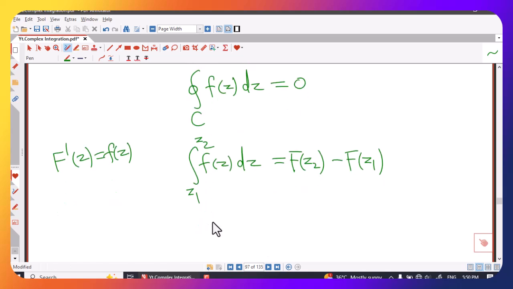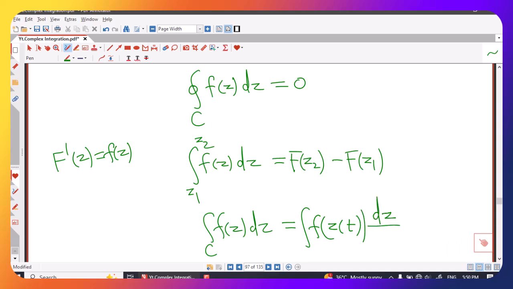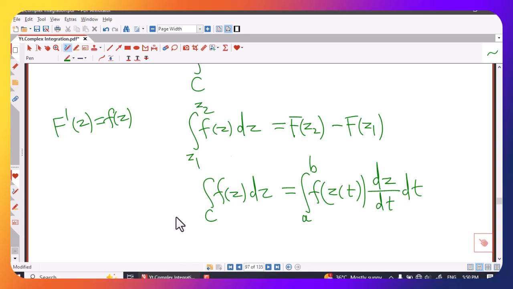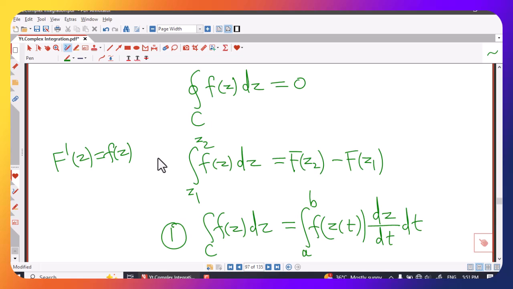And before this, we have seen the definition of contour integrals. We are considering parametric forms, and we are able to convert our contour integral in terms of real integral, and we are able to evaluate those integrals. So we started with this one by definition, then we obtain this result for analytic functions in a simply connected domain.